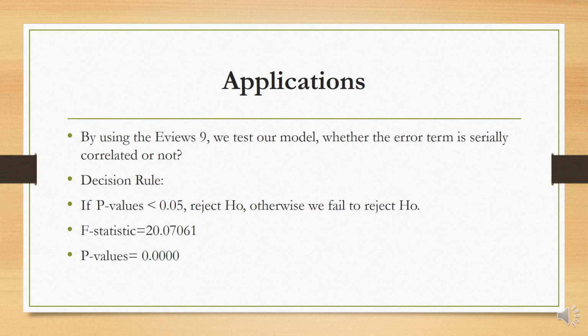For this p-value, we reject our null hypothesis, that is, our model is serially correlated, or the problem of serial correlation exists in our model. Remember that these tests only check the problem, not solve the problem. Our next lectures are based on how to solve these problems or achieve the true statistical inference.